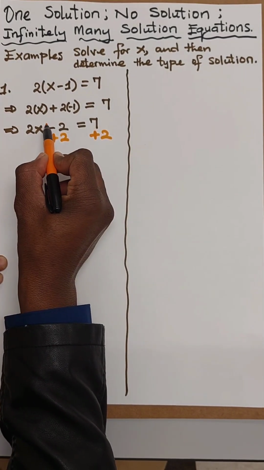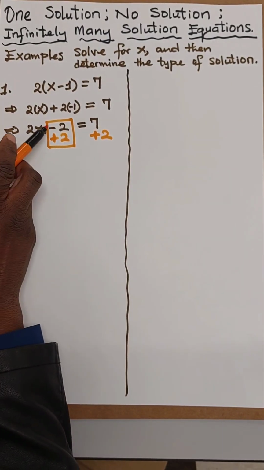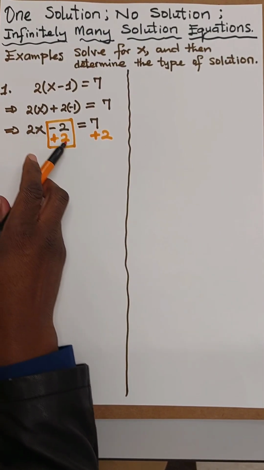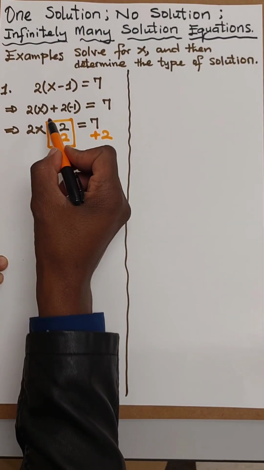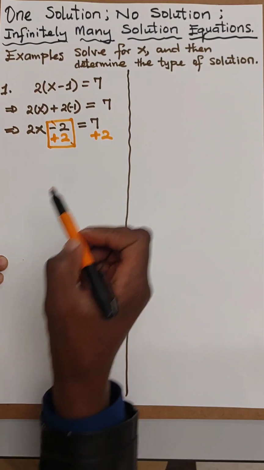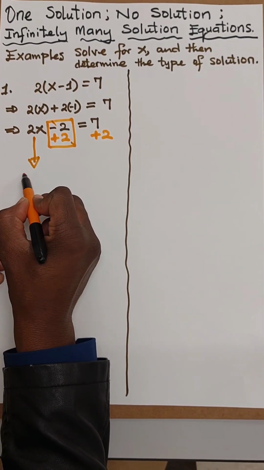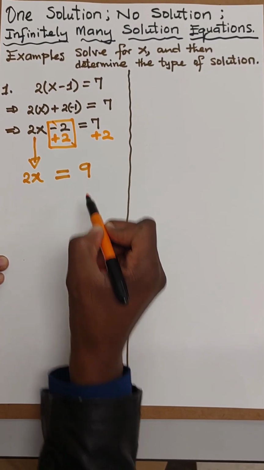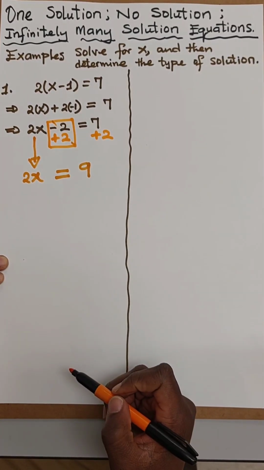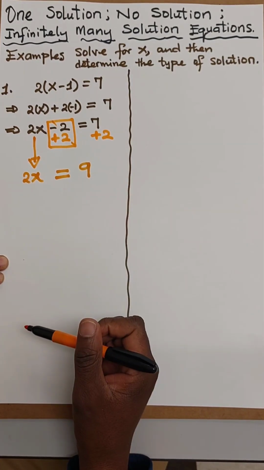The reason we're adding a 2 is because now we have -2 plus 2, which is 0, so we can cross out that term. Then we bring down the 2x, and the 2x is now equal to 9. Where's the 9 from? 7 plus 2 equals 9.